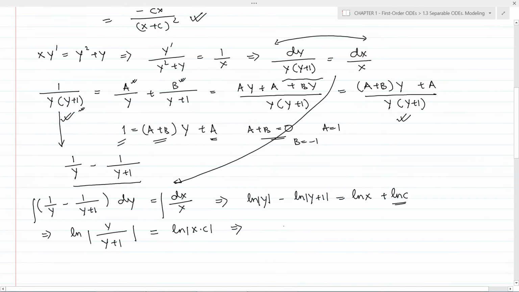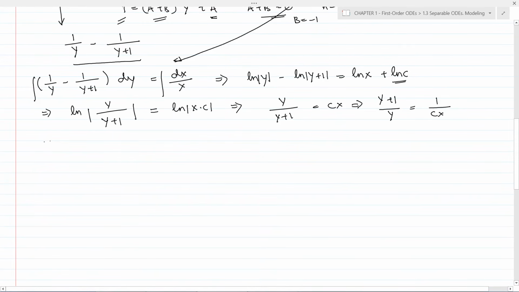From here we get y divided by y plus 1 is equal to cx, which implies y plus 1 by y is equal to 1 by cx, which implies 1 plus 1 by y is equal to 1 by cx.